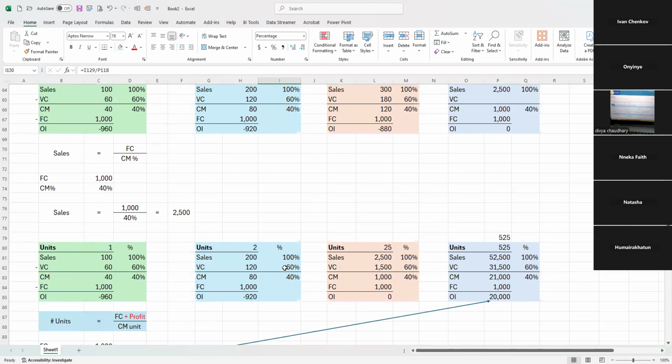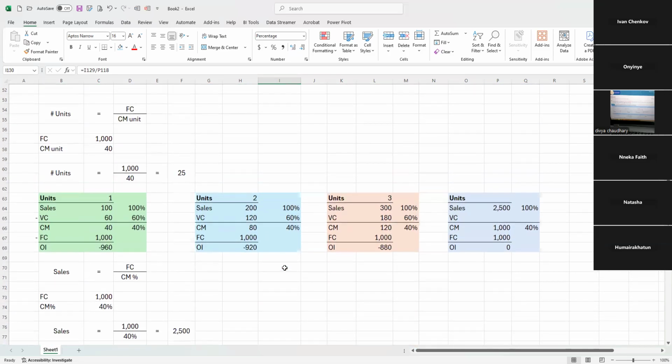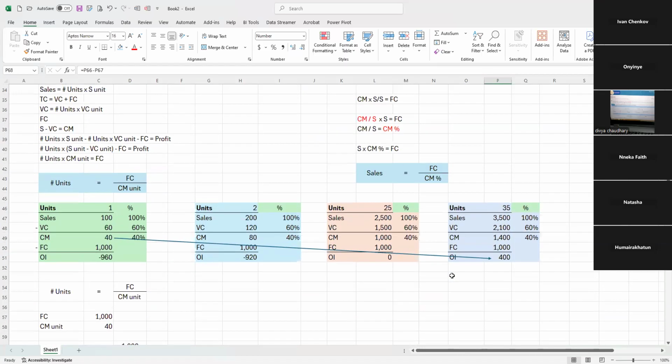Professor, in general, the break-even is giving you a benchmark on how well you're doing, right? So the break-even is the point where you're generating enough sales to cover your expenses. Break-even is the point where your operating income is zero. At that point, we are neither losing nor gaining.